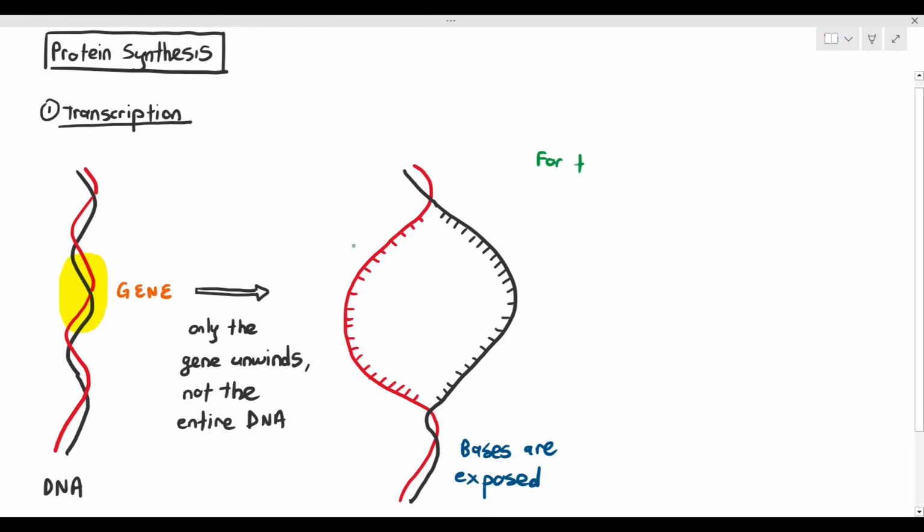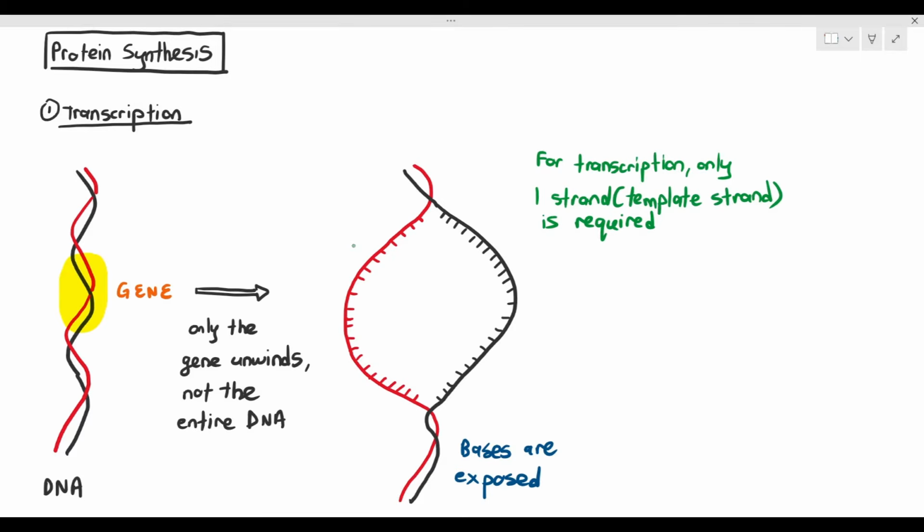Now, for transcription, only one strand, which I'm referring to as the template strand, is required. It does not involve both the strands. So I've labeled the template strand. I've also labeled the non-template strand. Template meaning to say it's required for transcription. Non-template meaning to say it is not going to be required for transcription, like that.